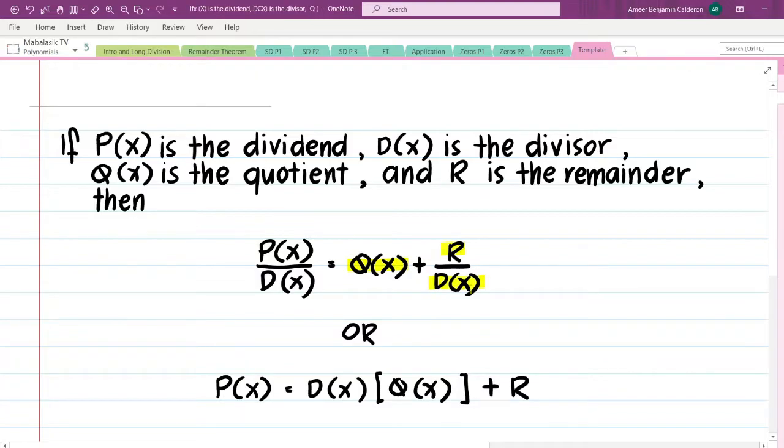Or we can simply express the dividend as the product of the divisor and the quotient plus the remainder. But for the sake of our class, we are going to focus on our first notation.